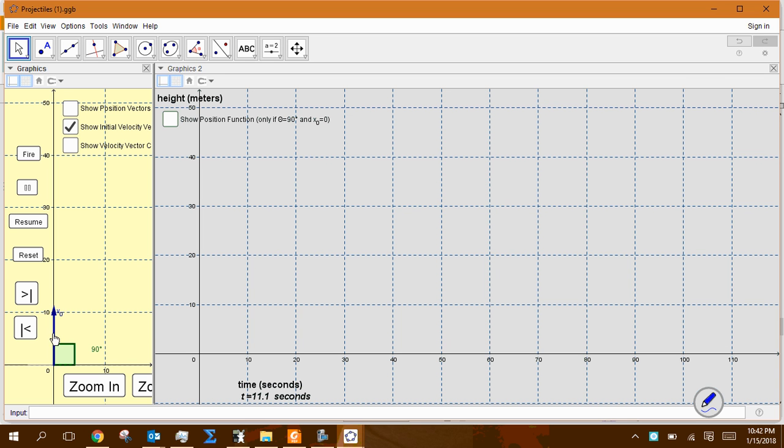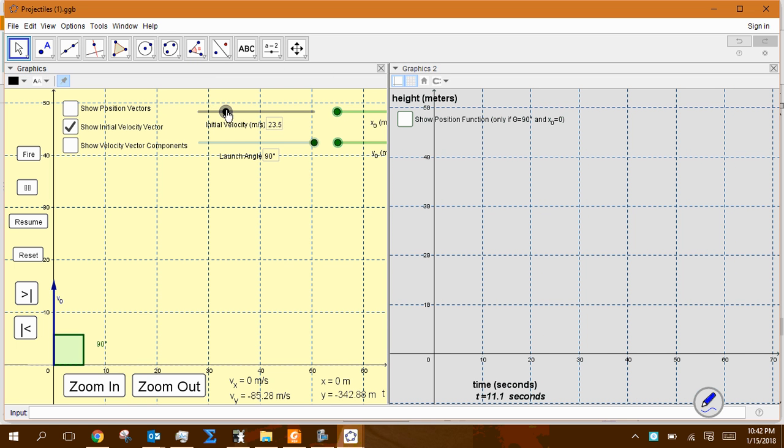When we shoot this thing straight up in the air, what's going to happen over here is I'm going to plot a bunch of ordered pairs that are a time, comma, a height. Let me make that 25, 26 and a half.